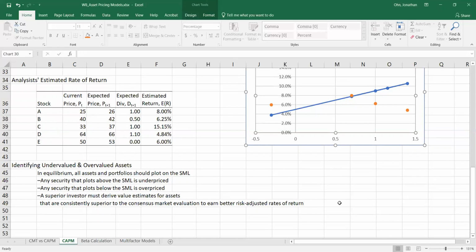If you have a better valuation process or model, you can probably record consistently superior returns to the market or to other peer investors.